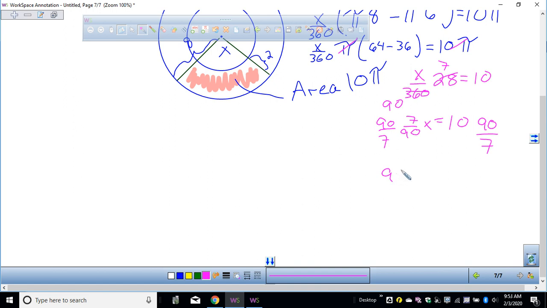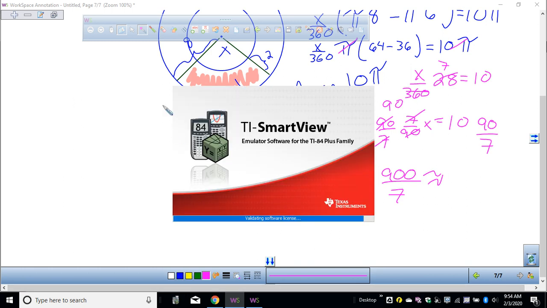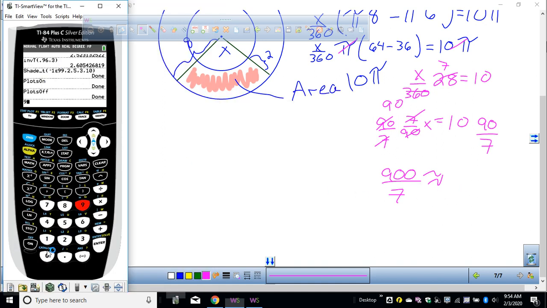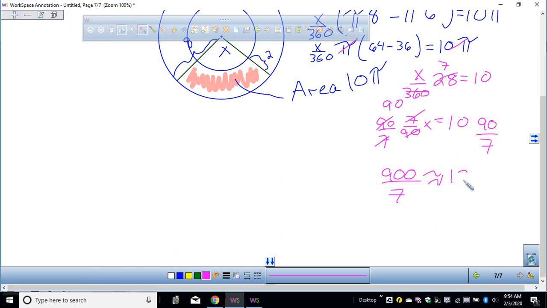So I get 900 divided by 7, because that's how you get rid of a fraction, and it equals X. And so what is 900 over 7? It's not very neat. But it is about 128.57 degrees, 128.6 degrees. Okay, so that's not a very nice, neat one.